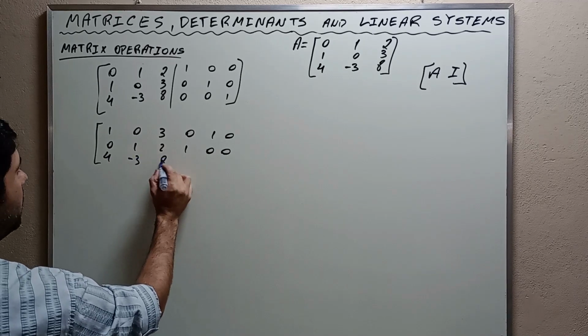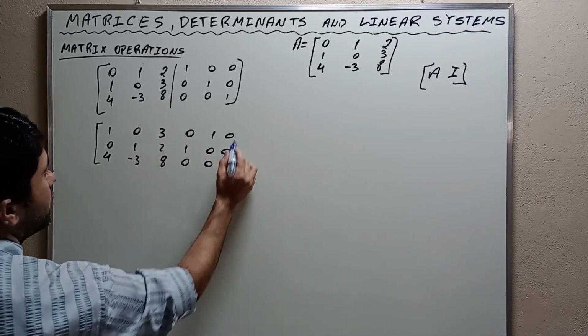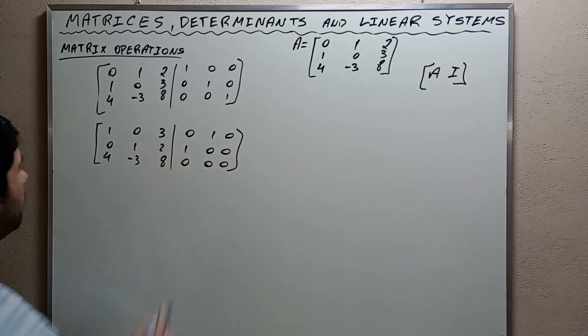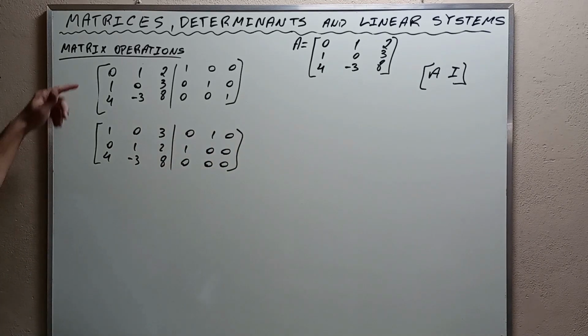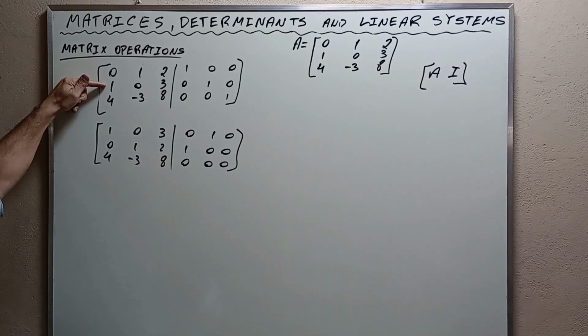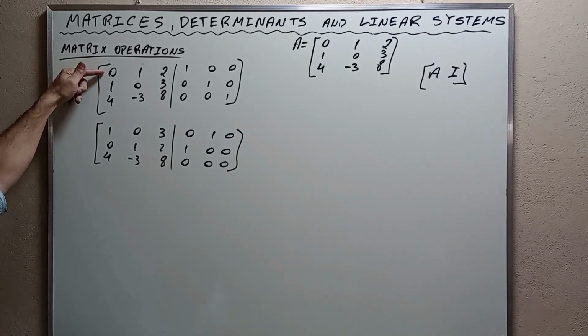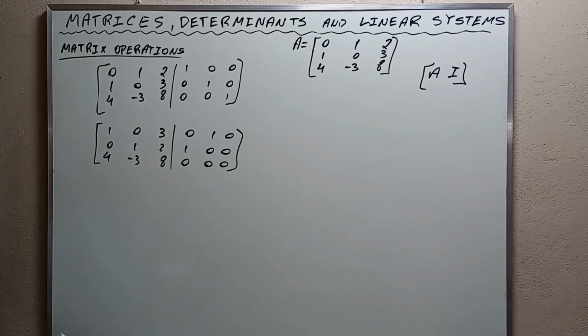Negative 3, 8, 0, 0, 0. What did we do? We put row 2 in the place of row 1 and row 1 in the place of row 2. We can do it.